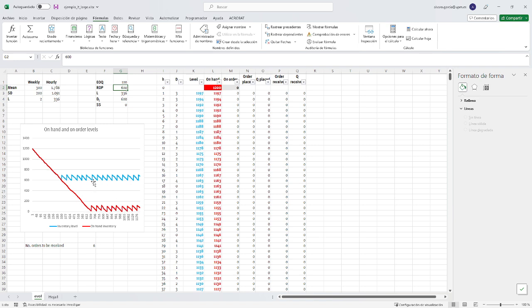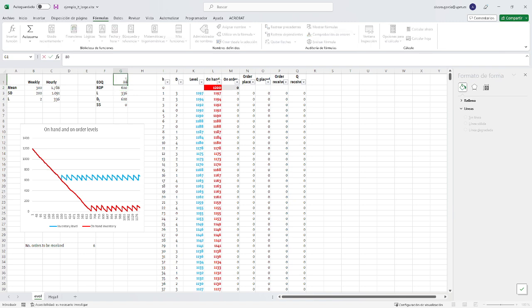When I'm deciding to place a new order, I'm looking at the inventory level because I have 6 orders placed, which I will receive prior to receiving the amount I just placed, and that amount I'm going to receive is going to be available for fulfilling the demand during the lead time when I decided to place a new order.